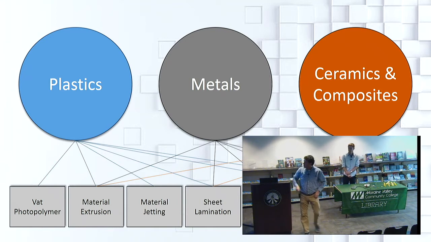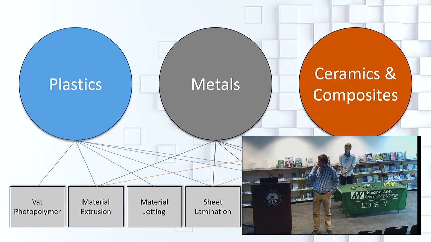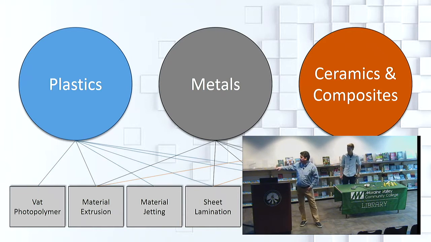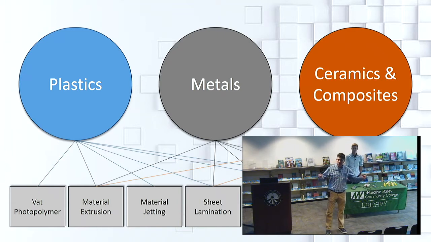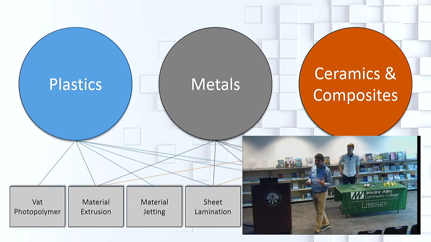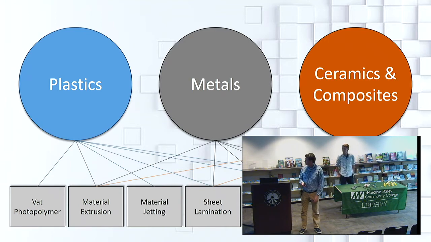So in the metal category, we can actually print with the material extrusion process, sheet lamination, directed energy deposition, powder bed fusion, and binder jetting. So all of those are processes that can use powdered metal. They also use powdered plastic, but really the metal is the important distinction between when we went to a full industrial process.